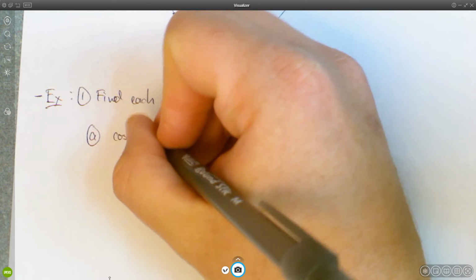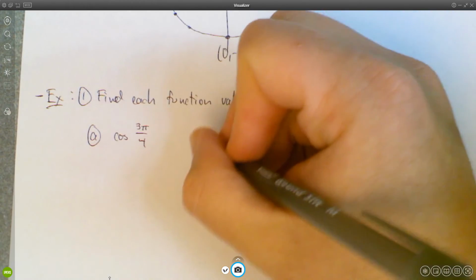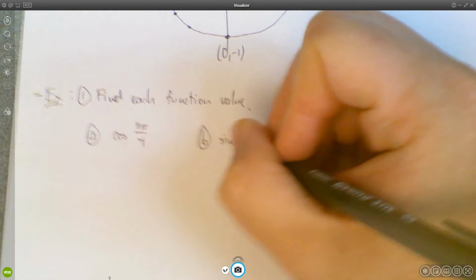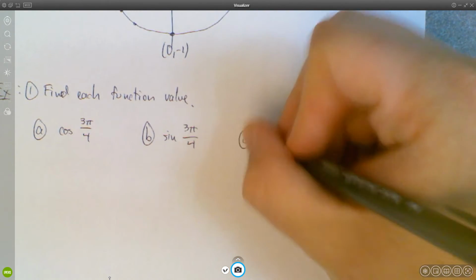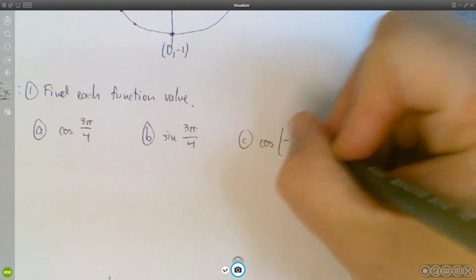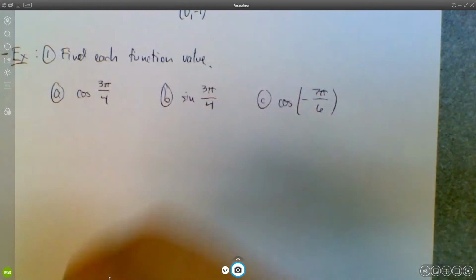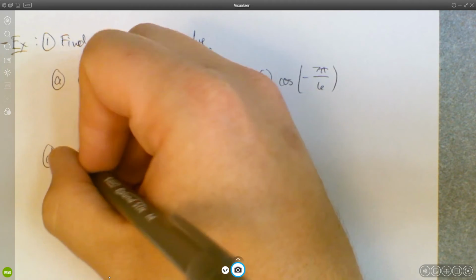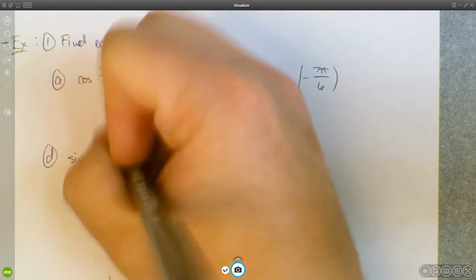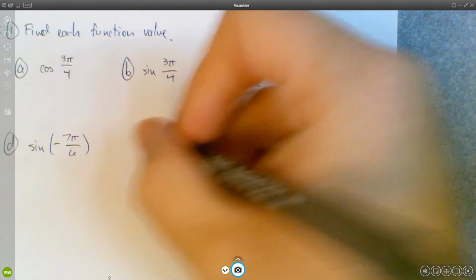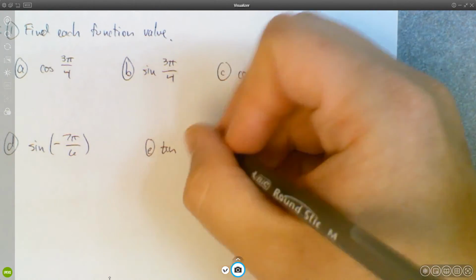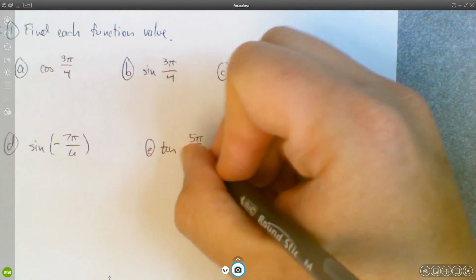Okay, let's do cosine 3 pi over 4, sine of 3 pi over 4. Let's do cosine of negative 7 pi over 6. We'll do sine of negative 7 pi over 6. Let's do tangent of 5 pi over 3.